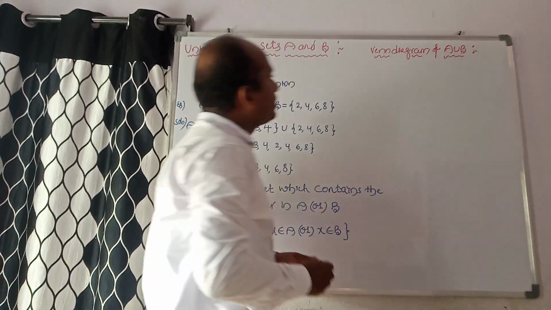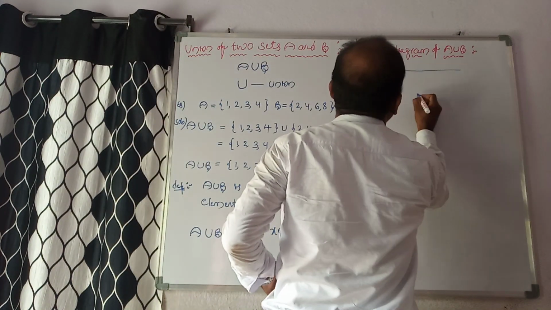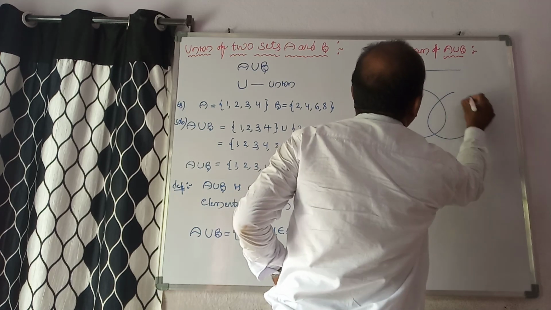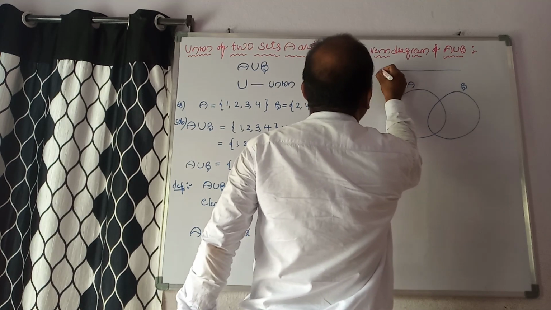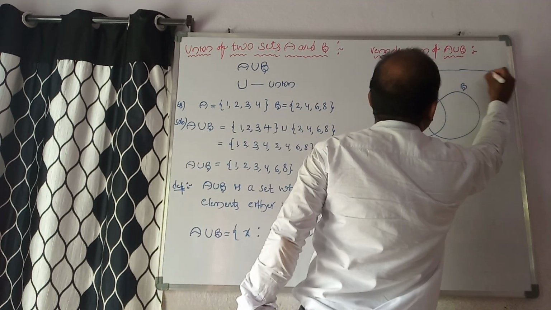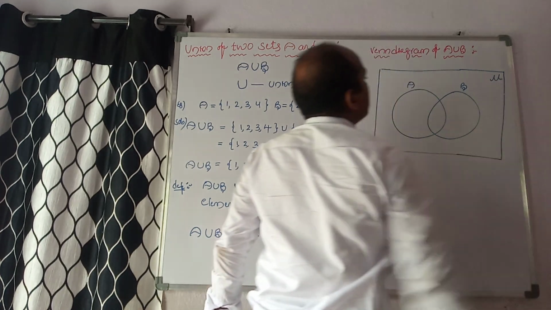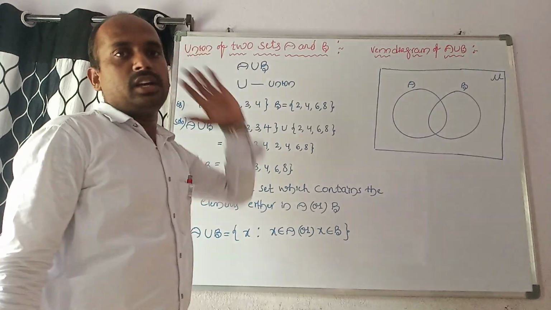Generally, sets are represented by curves, this is the A set and this is the B set. Venn diagrams are represented by rectangles, and this is the universal set. It is called the universal set because all the sets are under the consideration of the universal set.